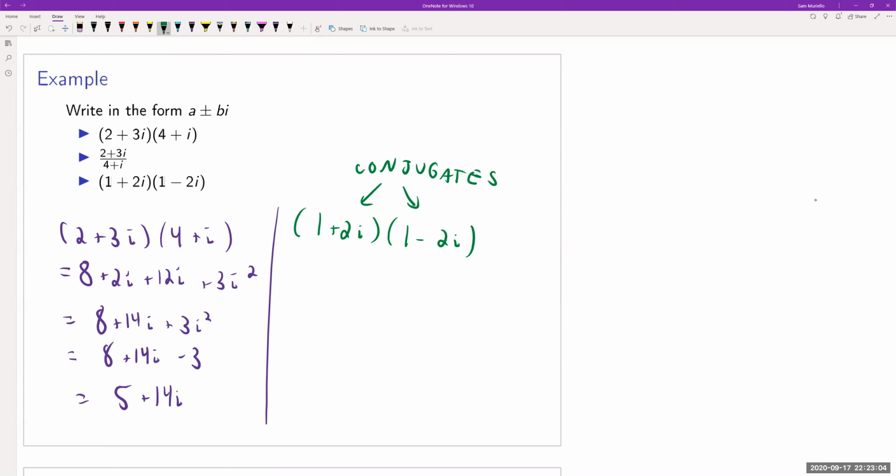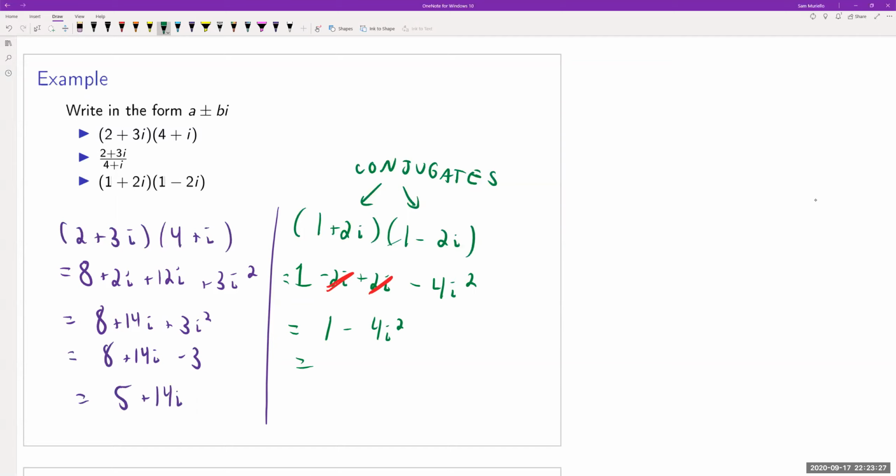We'll FOIL again. 1 minus 2i plus 2i minus 4i squared. This comes out, these two middle pieces cancel entirely, and I just have 1 minus 4i squared.